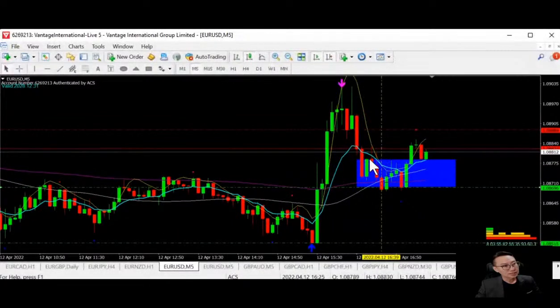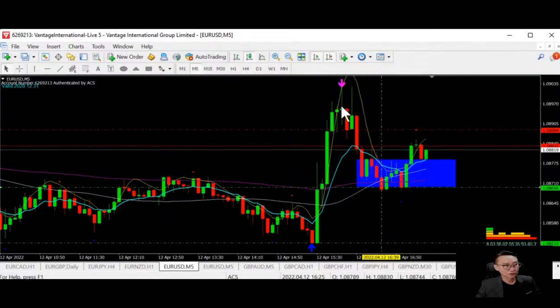This area is a lower resistance from the main resistance, and the main resistance is actually here. When I talk about this lower resistance, this is a continuity selling from here. So over here is a continuity.